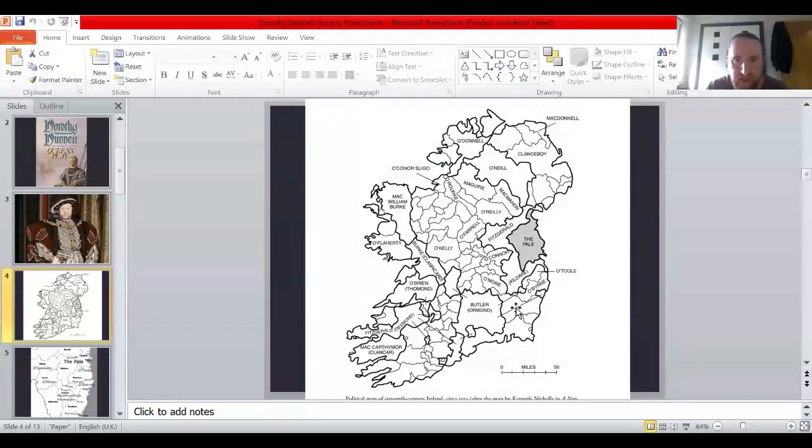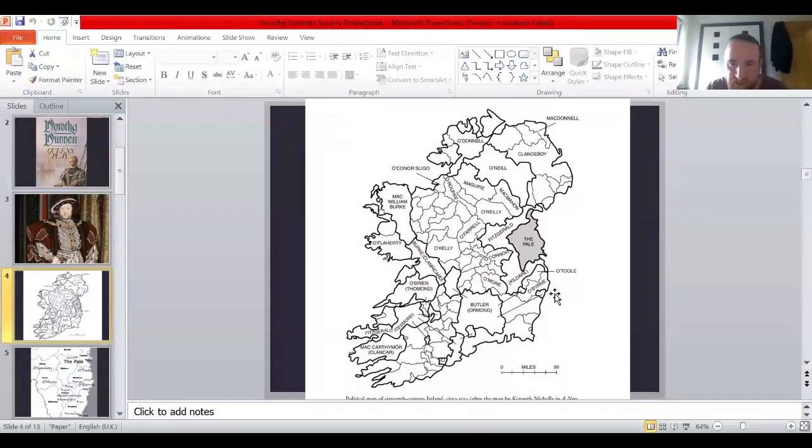So just to get a sense of this, they have the Pale here. Then there's also this region along the south where Waterford, the city of Waterford is here, and this coastal region is an area of English semi-control. Then there's the Butlers here, that they have two different towns, Kilkenny and Carrick.